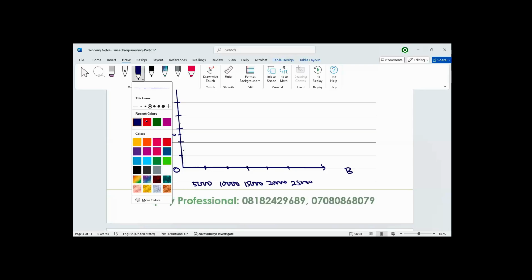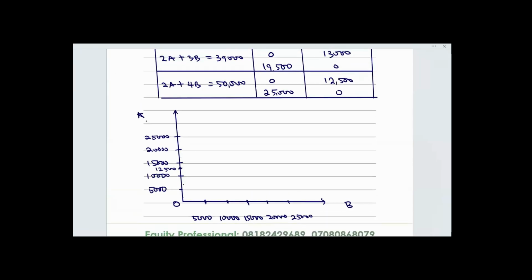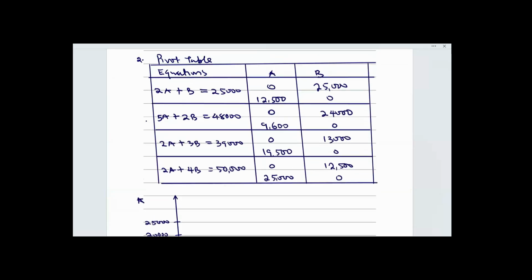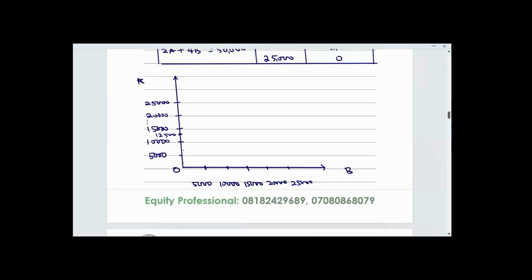Anyway, so again for B, 25,000. I will go to B where I can identify 25,000. Here is 25,000. So I will plot 12,500 against 25,000. So this will come like this. So that's that.